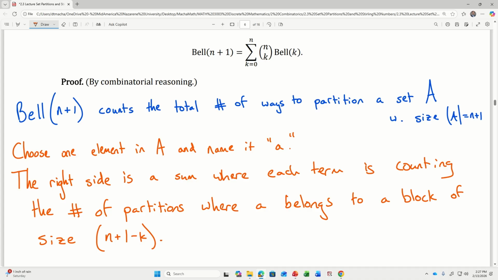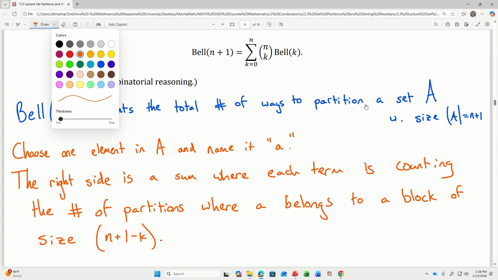All right, so let's think about this. If my element belongs to a block of size n plus 1 minus k, and my set has size n plus 1, how many other elements don't belong to the same block? K, right?